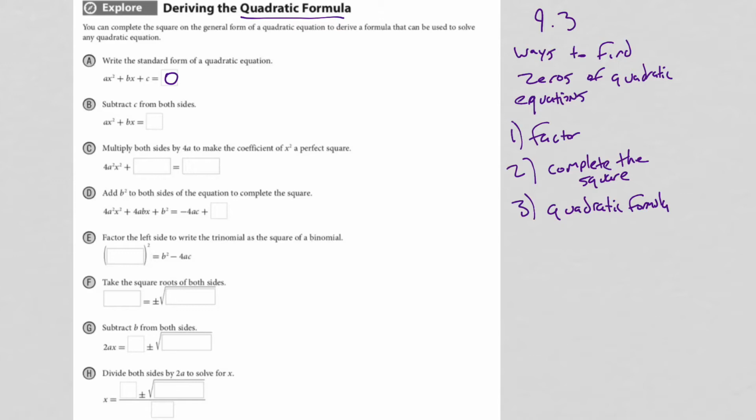So here we go. If I do some algebra and subtract c from both sides of the equation, I'm going to get ax squared plus bx is equal to negative c.